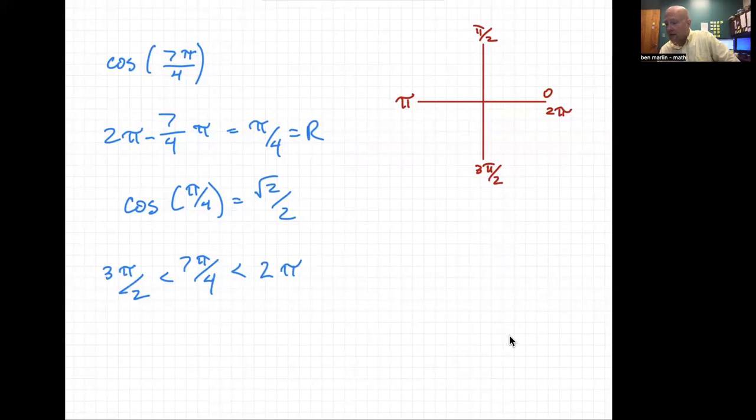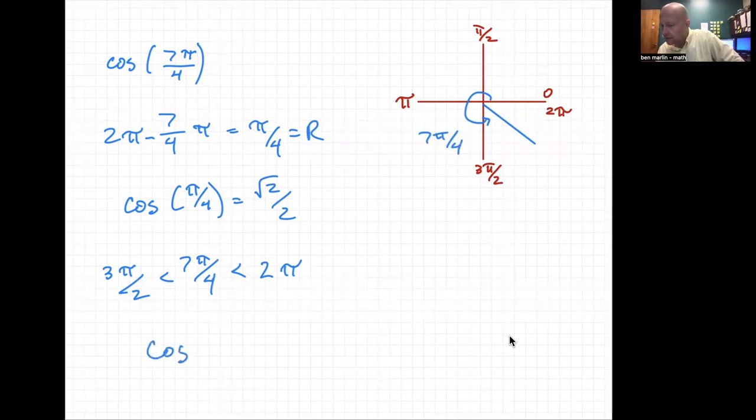And so that says that it is, in fact, here in the 4th quadrant. So I'm going to go ahead and just put an angle there real quick. And here is my 7 pi over 4. Okay.